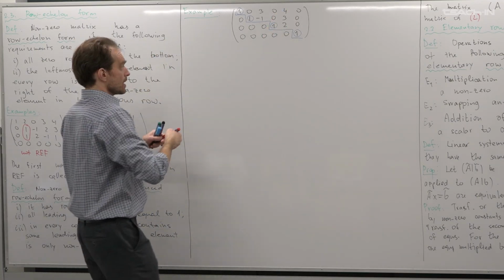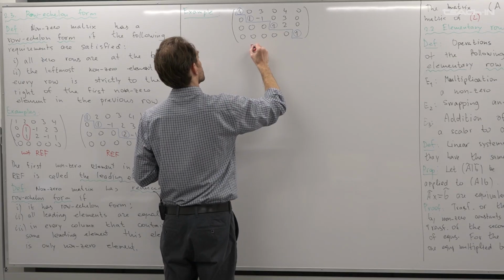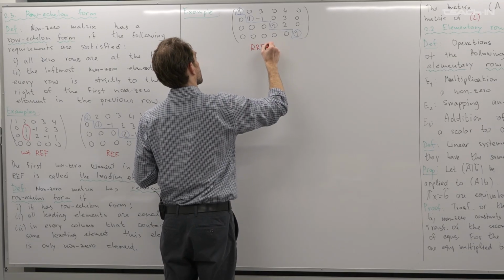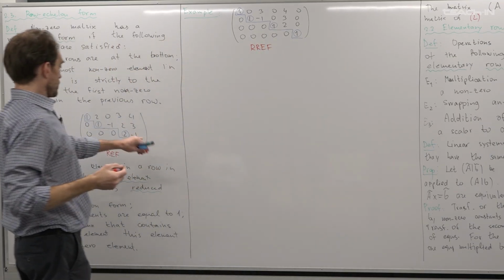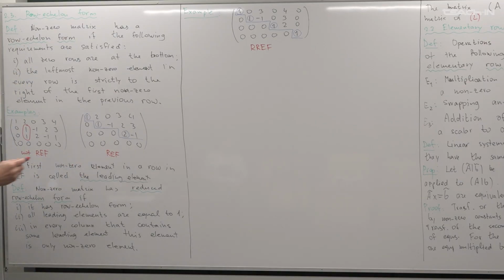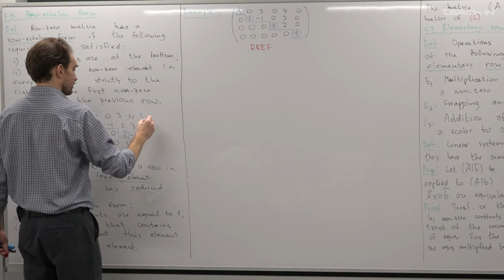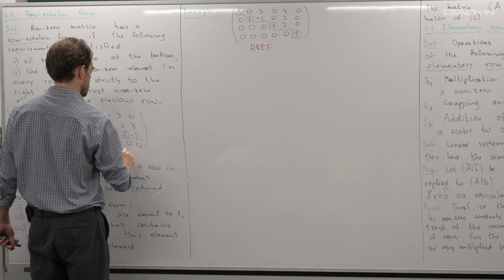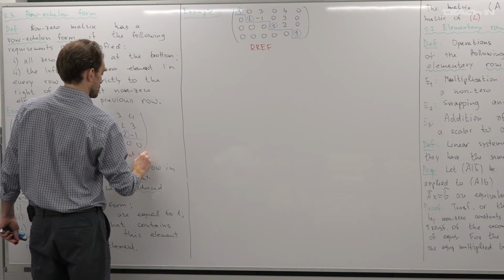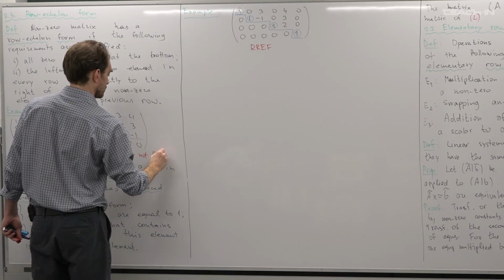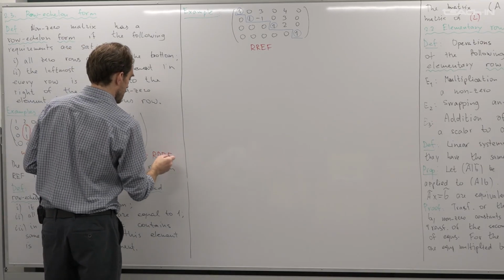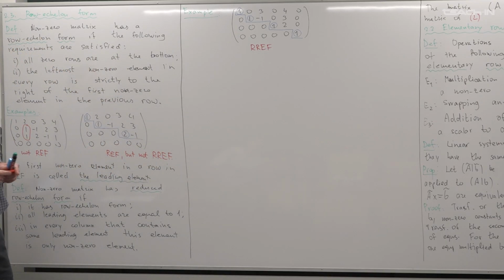So this is reduced row echelon form. And if we go back to the previous example, this is row echelon form, but not reduced row echelon form.